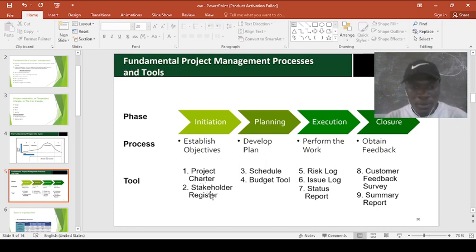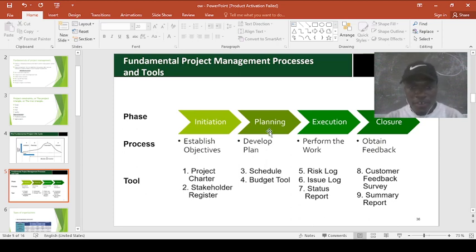Then we have the stakeholder register. A stakeholder register is a document which lists the different stakeholders, which could be a customer, team members, and management, and their respective duties to perform in a given project.